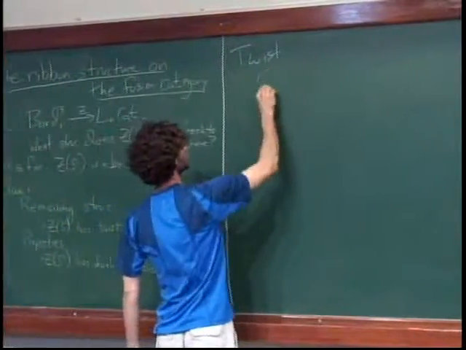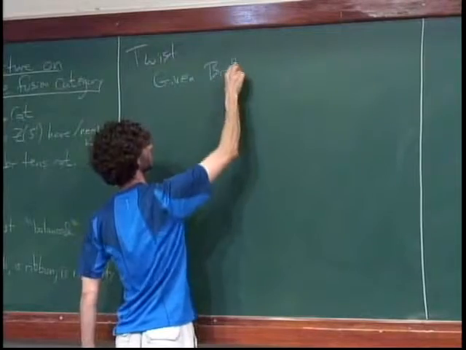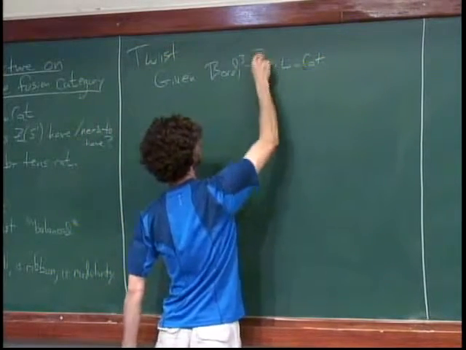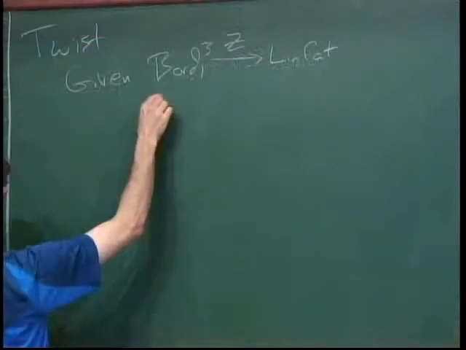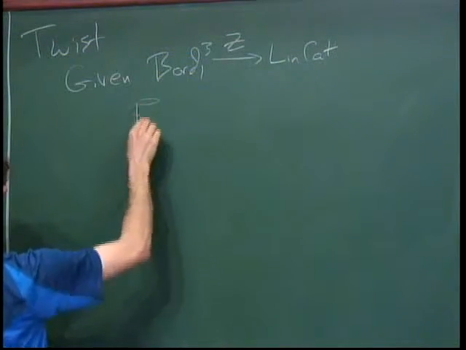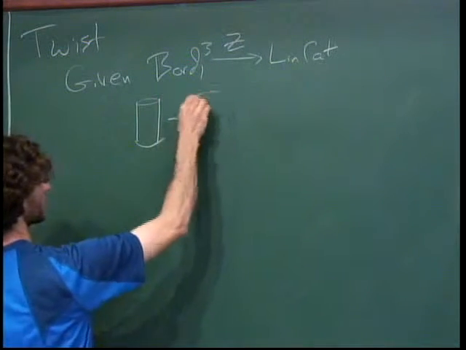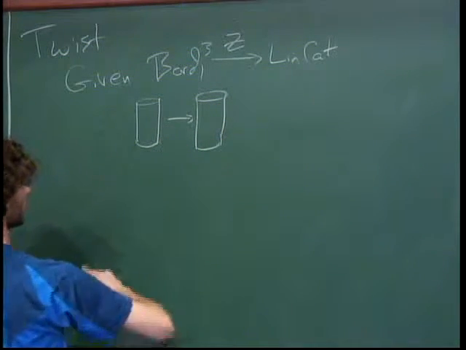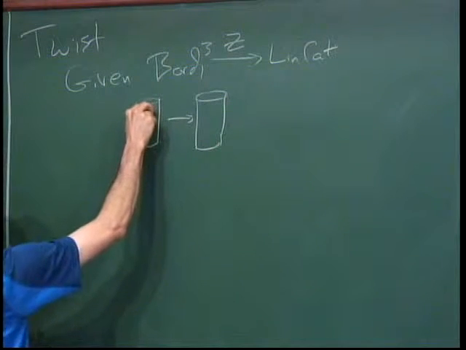Well, suppose we're given such a functor now. Then we can think about the following transformation. If we have the cylinder, there's the Dehn twist automorphism of the cylinder, which I'm going to convey like this.